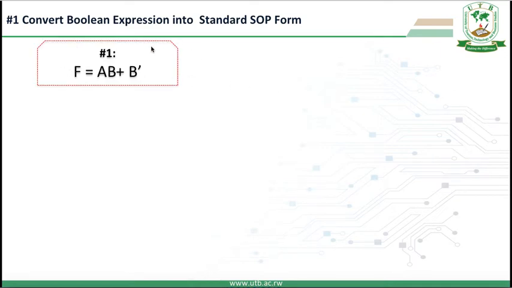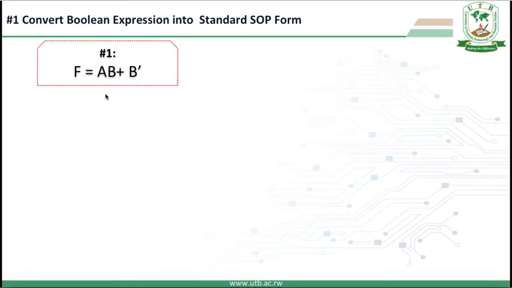When you look at this one, we can say this is a Boolean expression in the form AB plus B complement. So we are going to convert this Boolean expression into standard product term, or canonical form. Canonical form means all variables should be there.